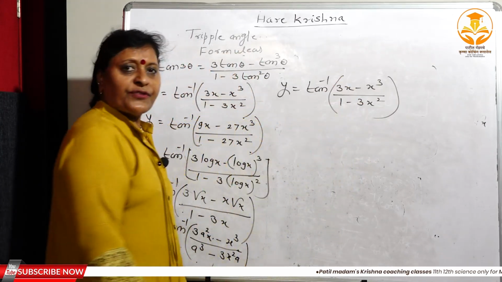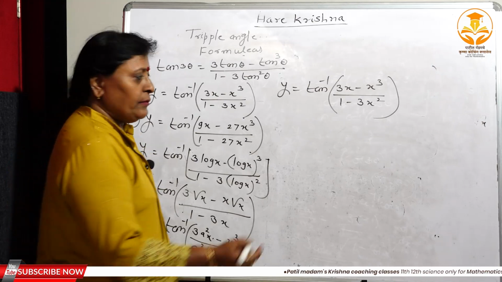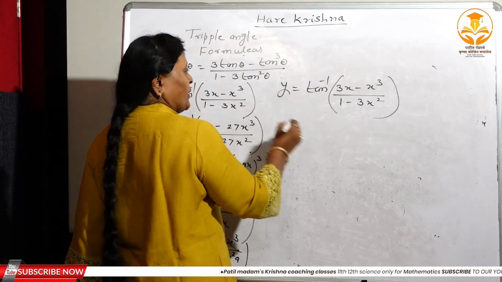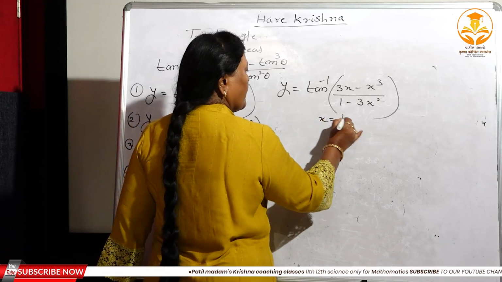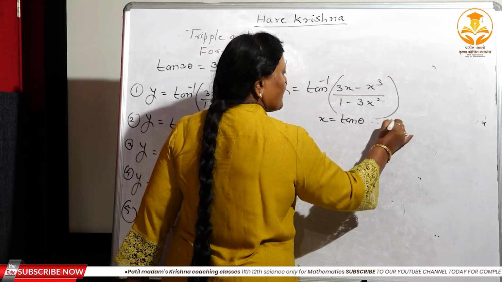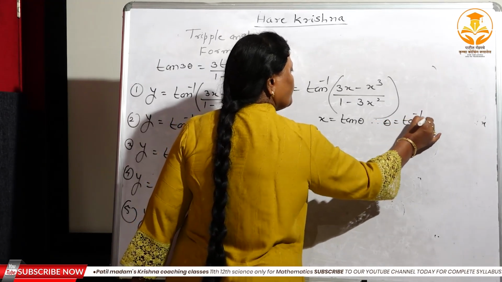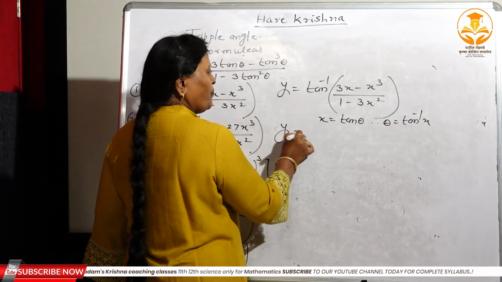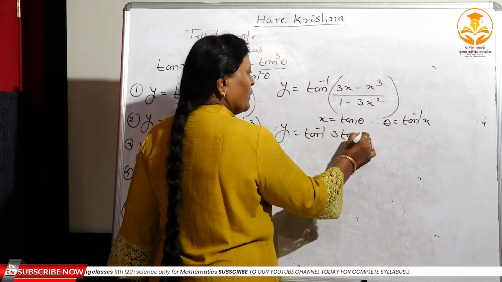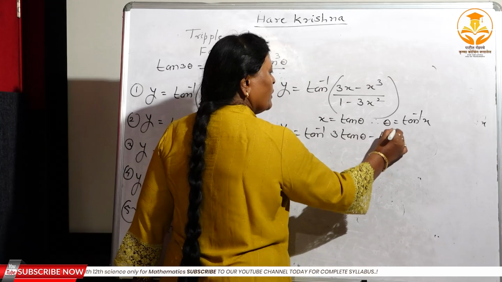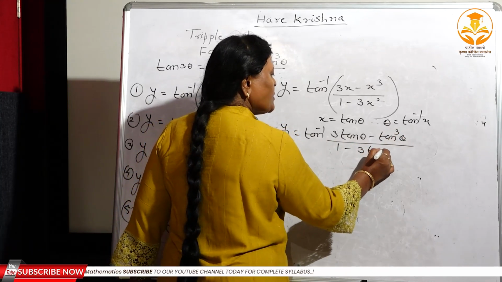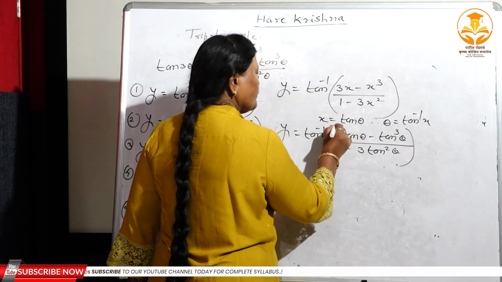Obviously you have to substitute x is equal to tan theta, isn't it? So that you will get this formula of tan 3 theta. X is equal to tan theta. Therefore, theta is equal to tan inverse of x, right? Now y is equal to tan inverse of 3 tan theta minus tan cube theta divided by 1 minus 3 tan square theta, right?